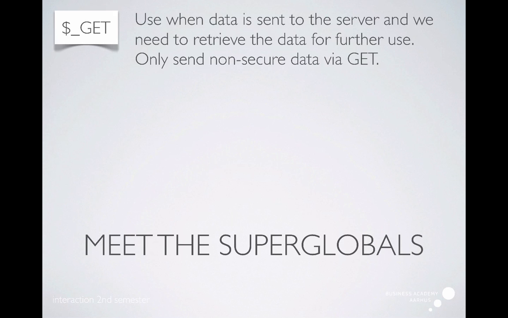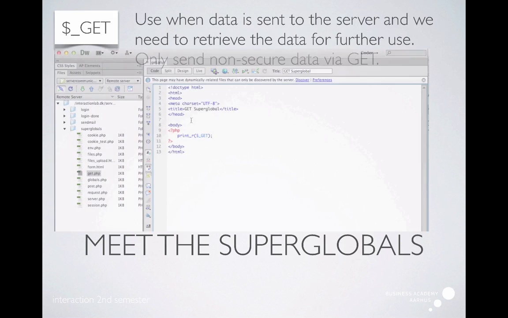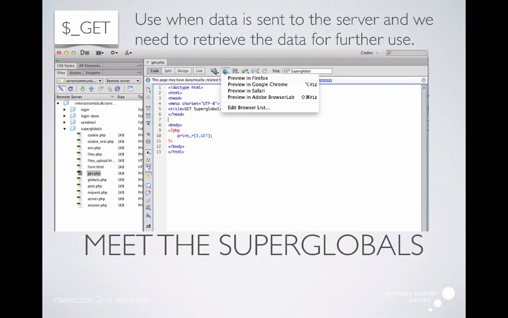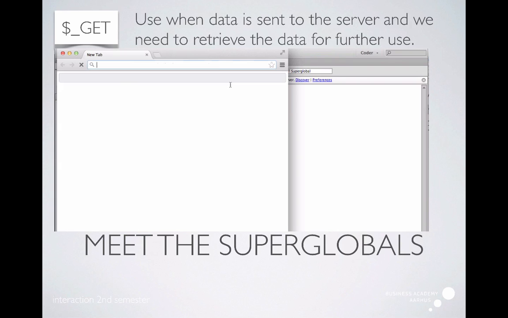Get we use when we want to send some data that we are not very careful about secure-wise, because all the parameters, the data will be sent in the URL. Let's have a look at that here. We have this file called get.php. When we preview that in the browser, we'll see that it's just an empty array.